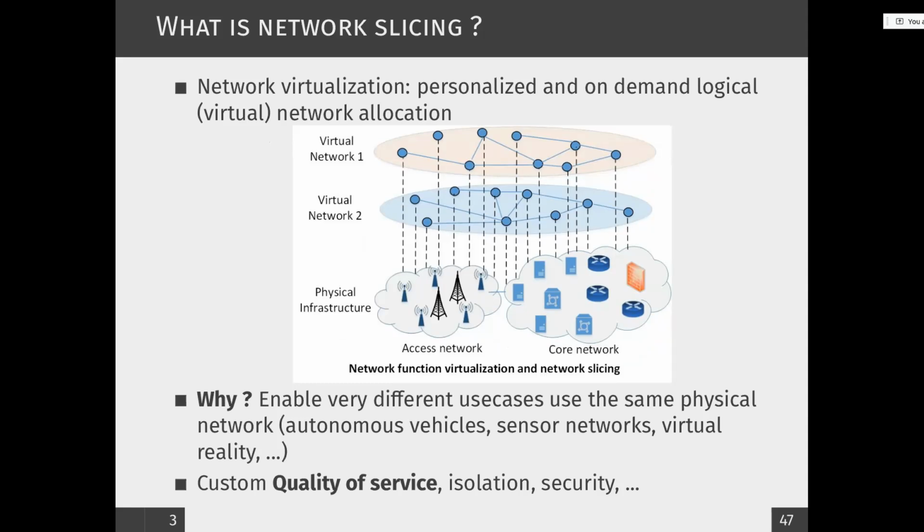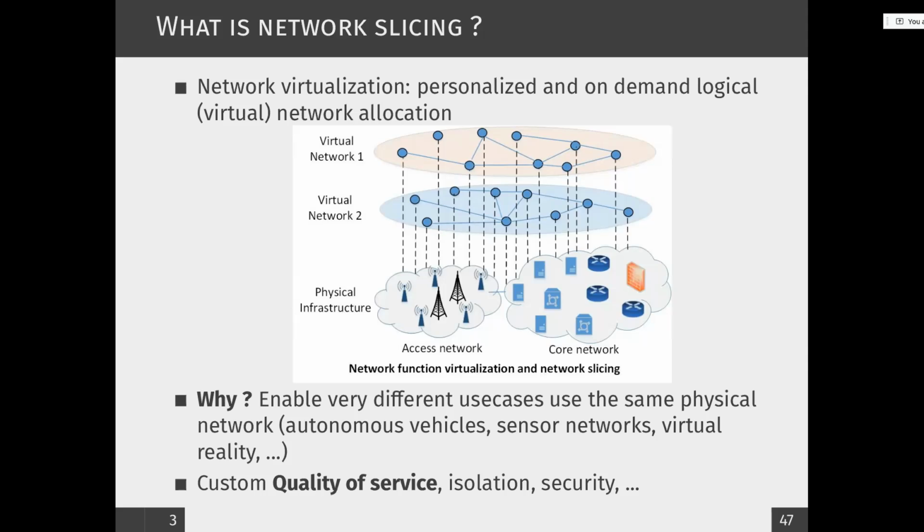For example, if you provide an autonomous vehicle service, you want very low delay, very high reliability. While if you have a sensor network service, then you want your devices to consume less energy. So maybe you will remove some parts of the whole stack of the network. And if you do virtual reality, you want a higher throughput, and you care about delay, but it's not as critical. So that's the idea behind network slicing.